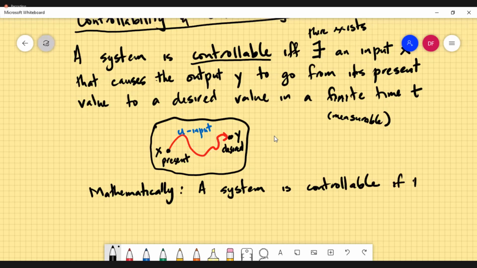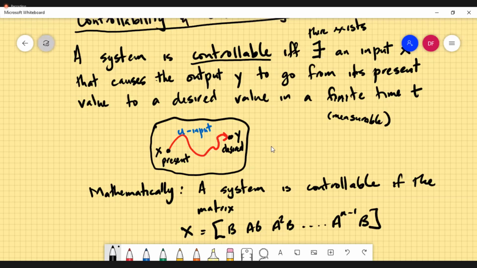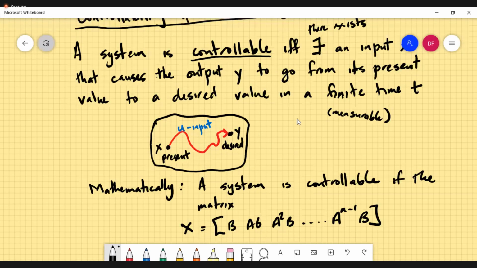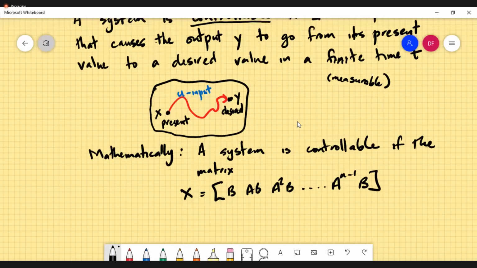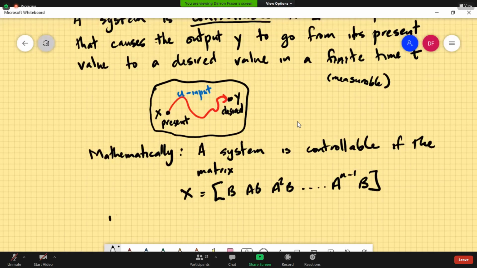So what we'll do is form the matrix, which I'm going to call the matrix X. It's going to be B, AB, A squared B, up to A to the n minus 1 times B. Is it full rank?